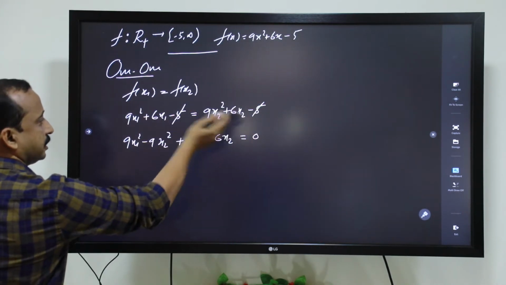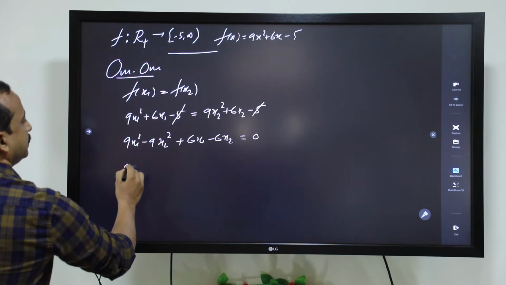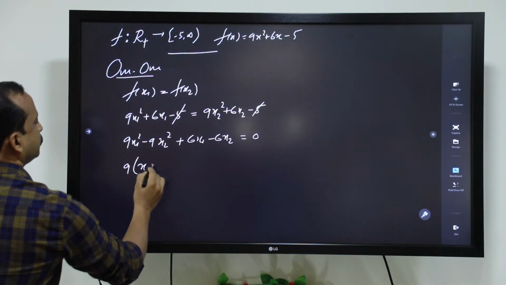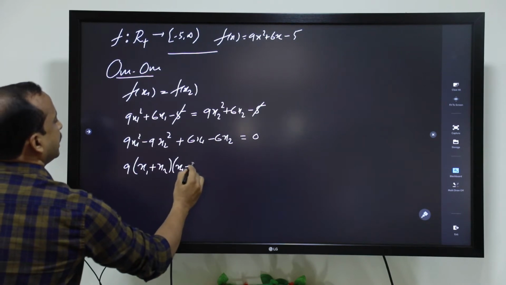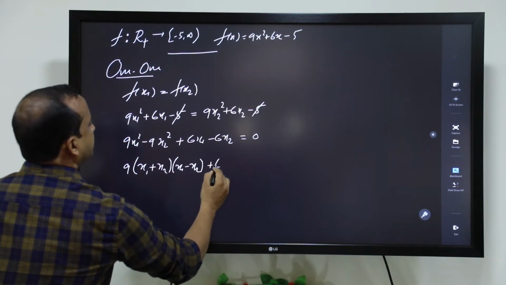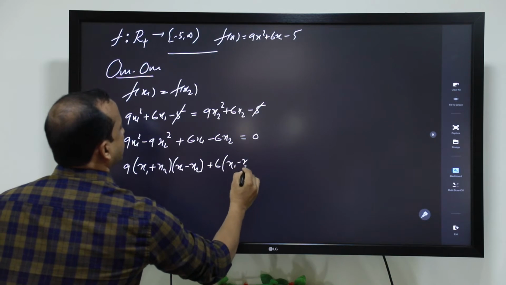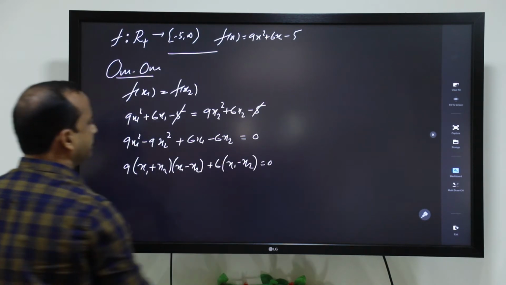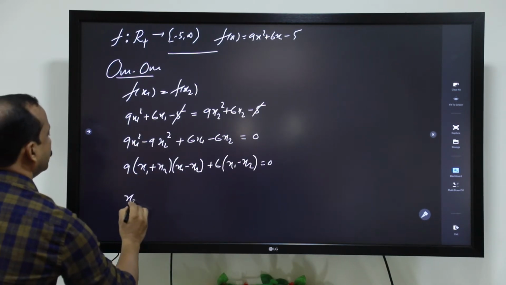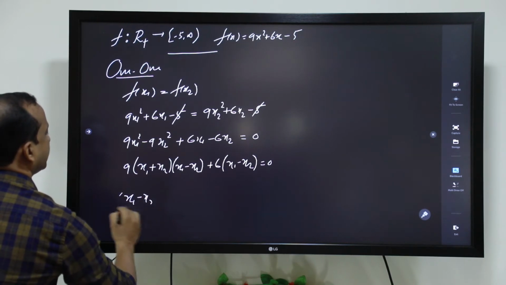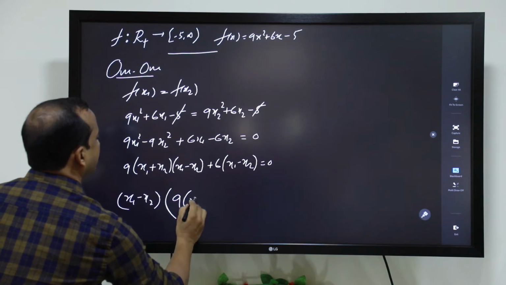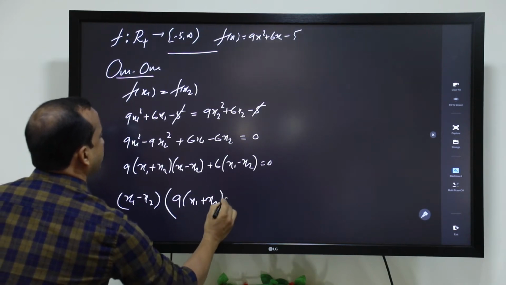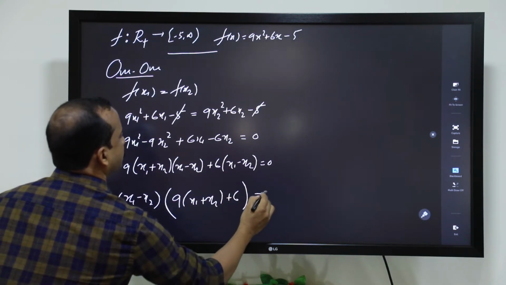Take the right side terms to the left side. Now 9 is common, then x1 square minus x2 square can be written as x1 plus x2 into x1 minus x2. Here also 6 is common, we get x1 minus x2 is equal to 0. x1 minus x2 is a common factor, into 9 into x1 plus x2 plus 6 equal to 0.